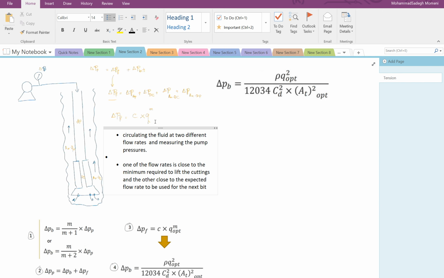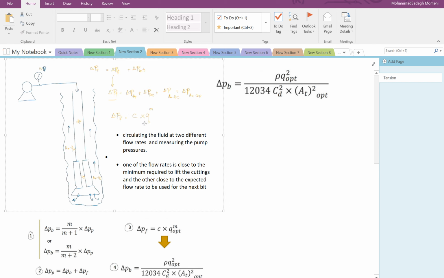If I take the first flow rate, then using it I can find the pump pressure, and using this equation I can find the bit pressure. Since the pump is at the surface, I can find delta P pump. So if I find the bit pressure and delta P pump, I will be able to find delta PF.